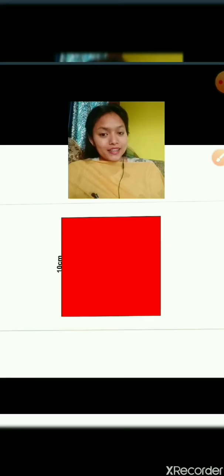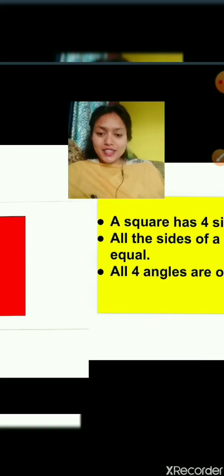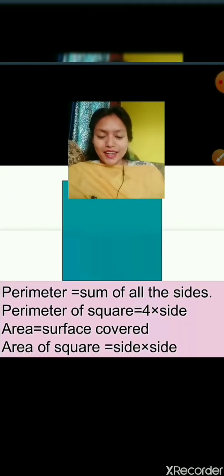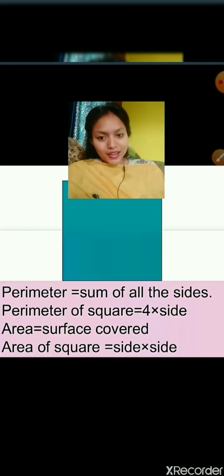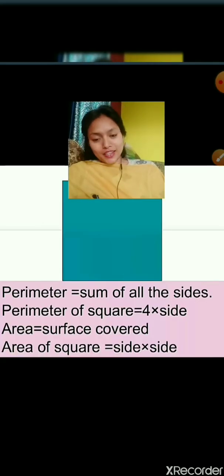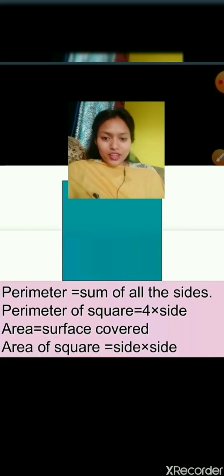The perimeter of a square is 4 into side, and the area of a square is side into side. Understood? Now we have revised.